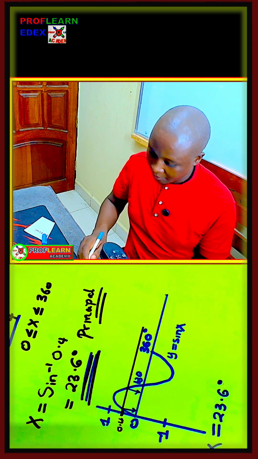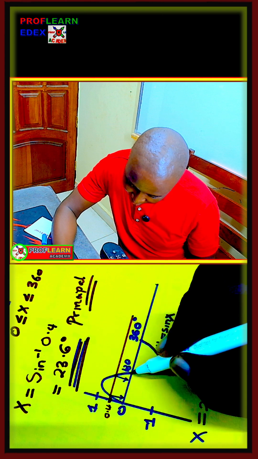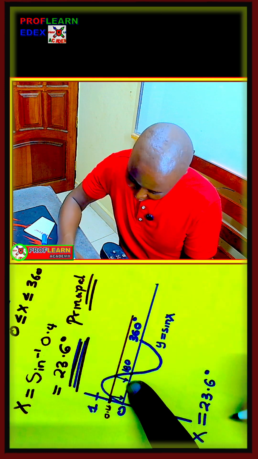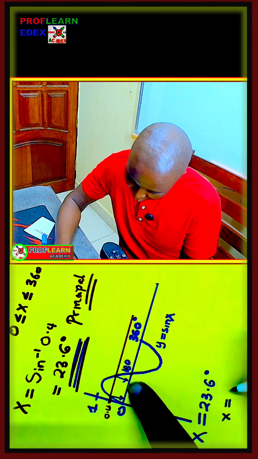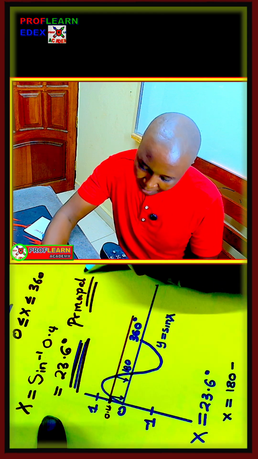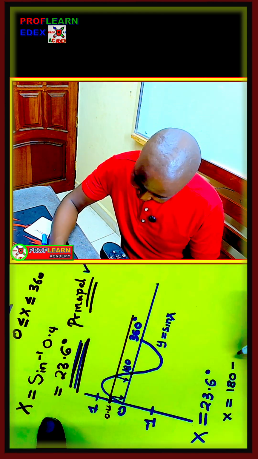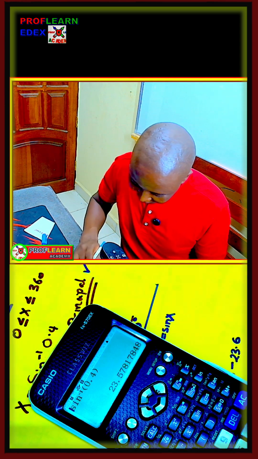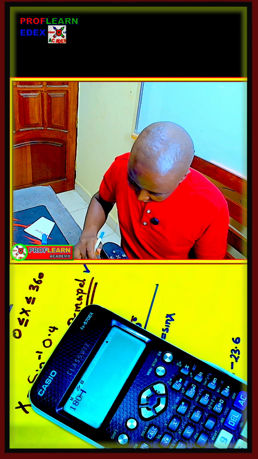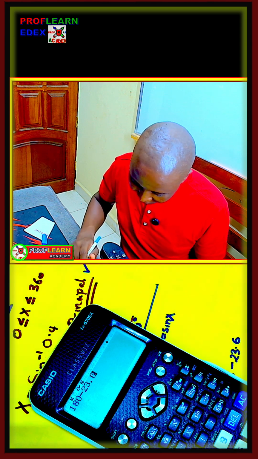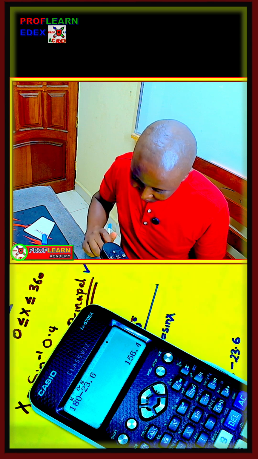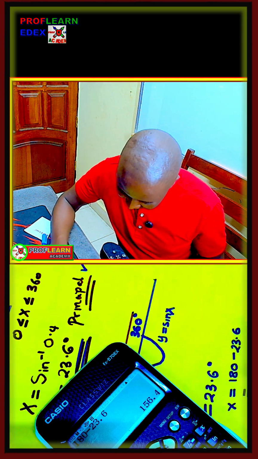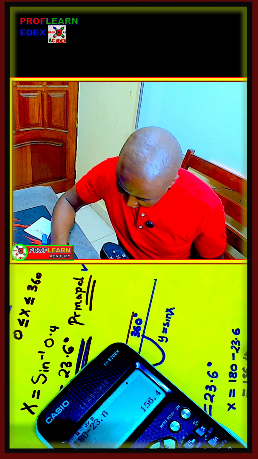That's the first solution. The second solution is a value which is before 180. How do you get this one? You say x equals 180 minus the principal angle that you had gotten. You put your value in the calculator, 180 minus 23.6, and the calculator tells you the answer is 156.4. Then you copy that down here: 156.4 degrees.